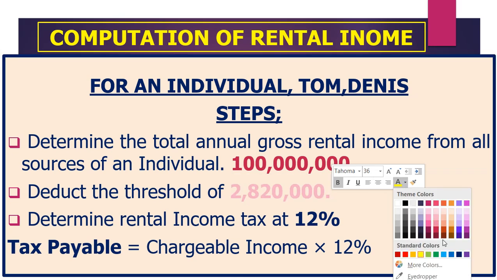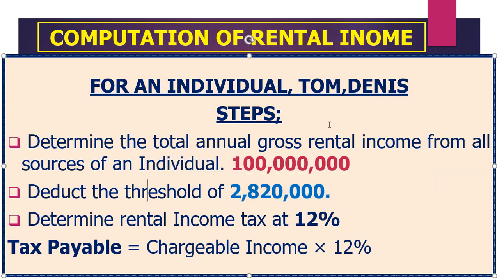Subtract it from 100 million. Then what remains is subjected to 12%. So if you get 100 million minus 2.82 million, what remains is the chargeable income, and that chargeable income is subjected to 12%. I think that one is clear. For an individual, that is what you do.